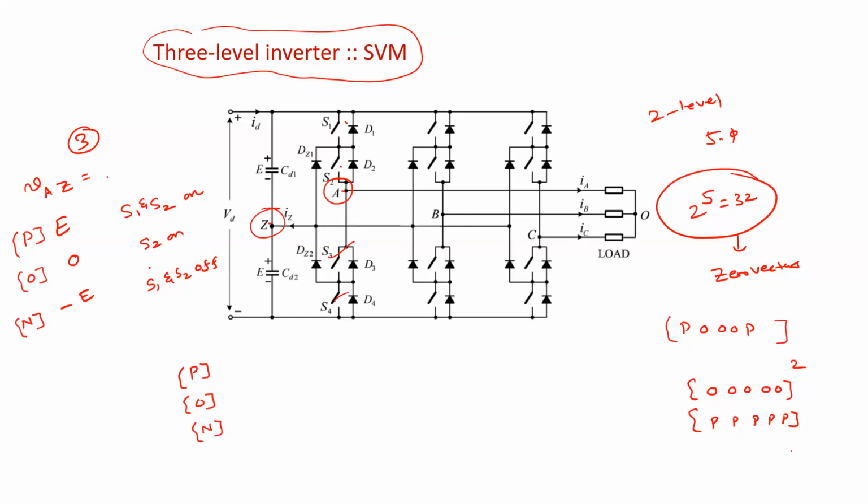By using this, how many possibilities can we expect? That is 3 to the power of 3, which is 27. So 27 switching states are there, starting from P0N.